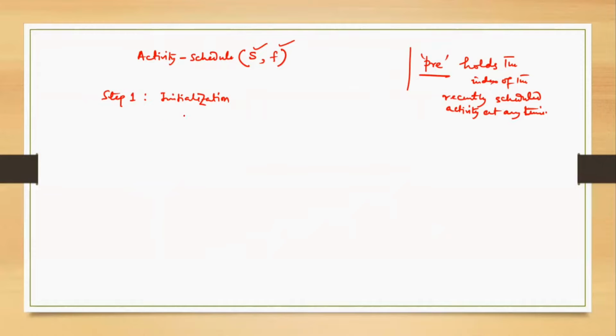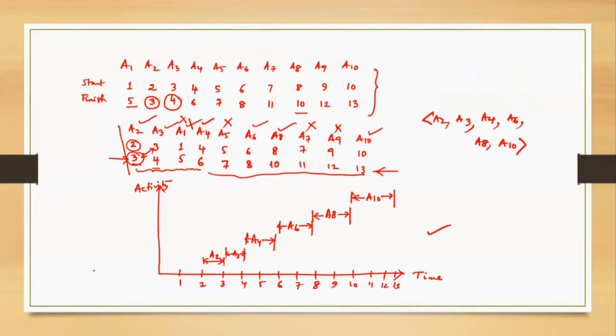Suppose this is the activity set, and the name of the set is A list, where I have taken the first activity, activity 1. Your question is, which one is activity 1? So let us first move back to the previous slide. Here is the actual scenario: A1, A2, A3, A4 up to A10.